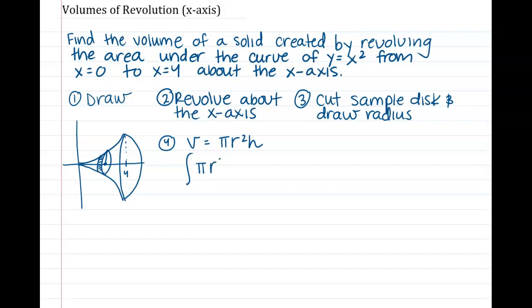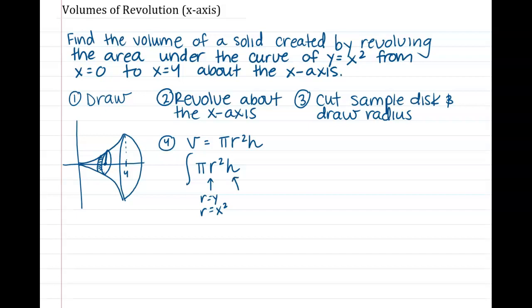So the integral of pi r squared h. Now pi will always just be pi. When we think of our radius, it's actually just going to be this distance here, and since it's vertical, it's just y. So r equals y, but what is y? Well, it's x squared.